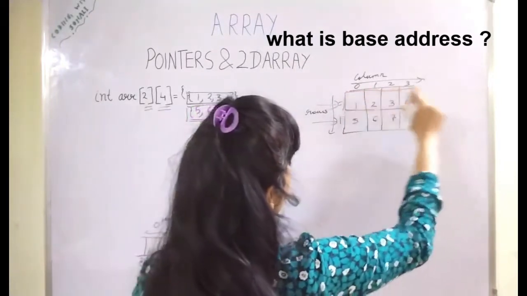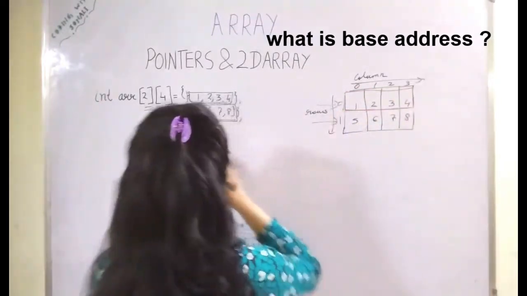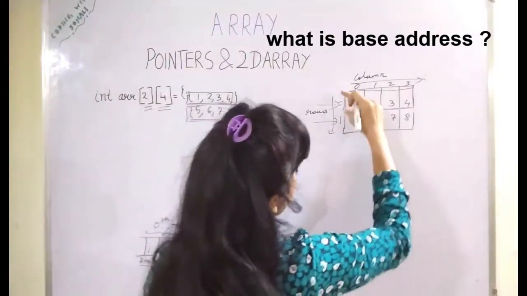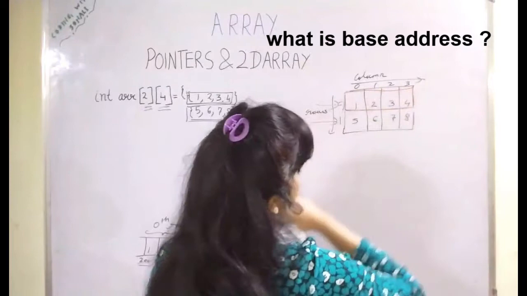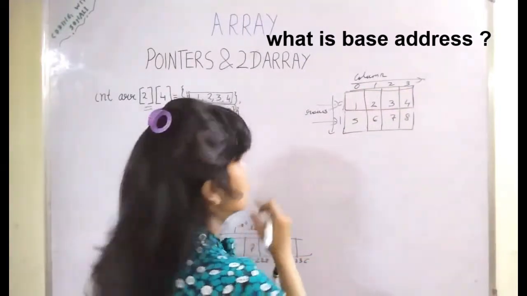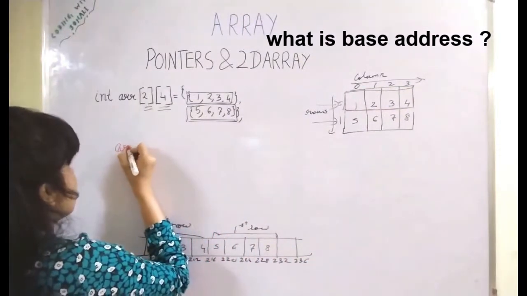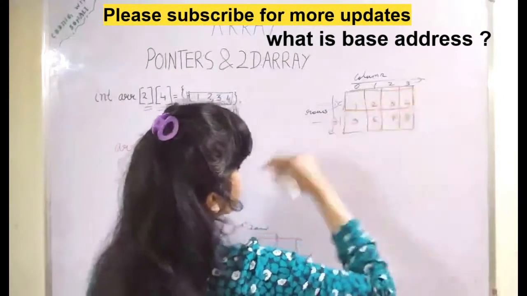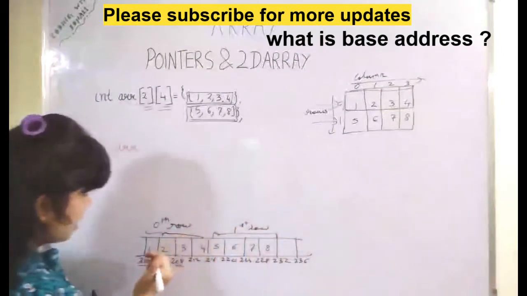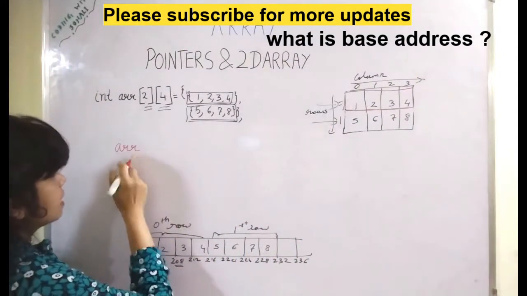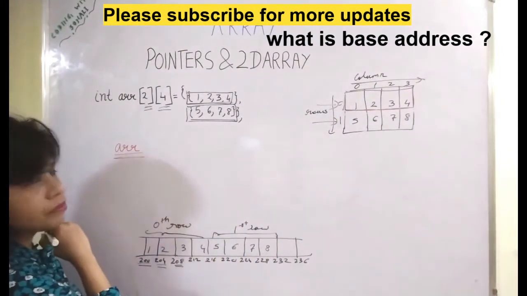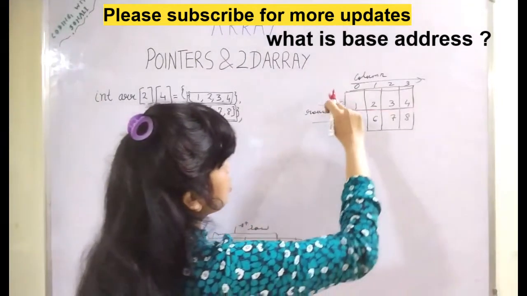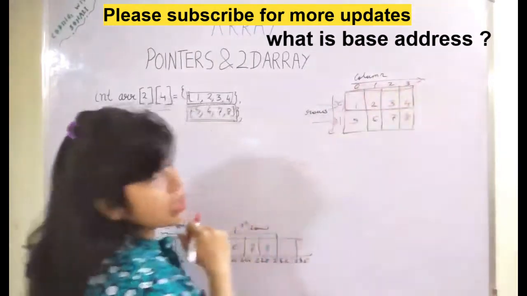Therefore if you just give ARR, that means the base address, it will hold the address of this 0th 1D array. And what is the base type of this ARR? It will simply be a pointer to an array of 4 integers.